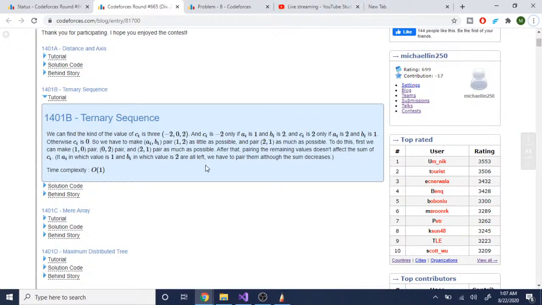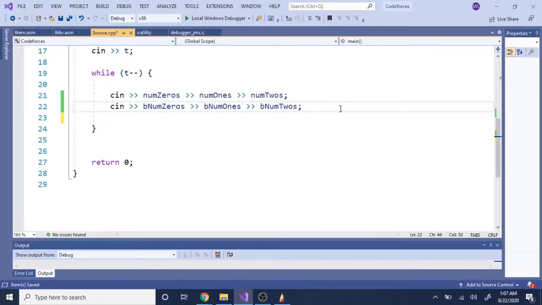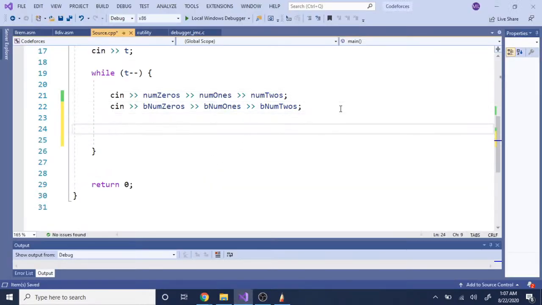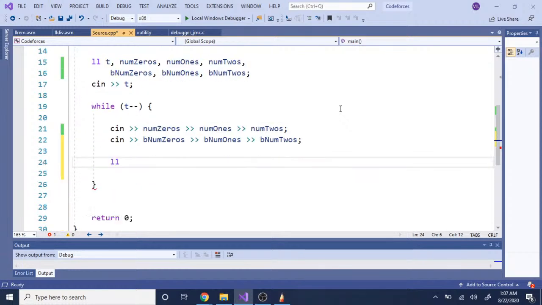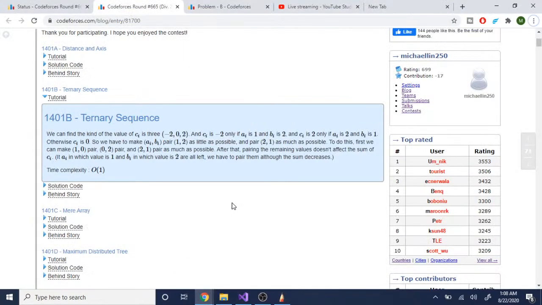All right. So if we're doing it mathematically, we need to get the number of pairs of 1 and 0, 0 and 2, and then 2 and 1.